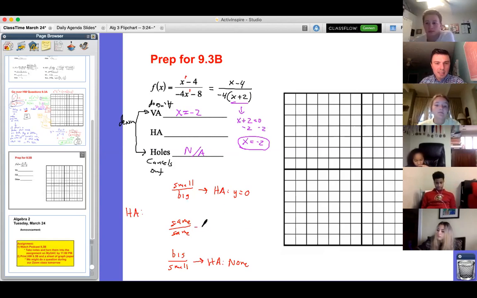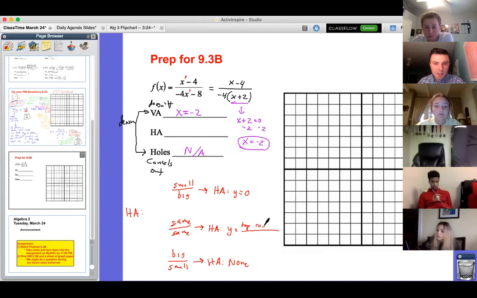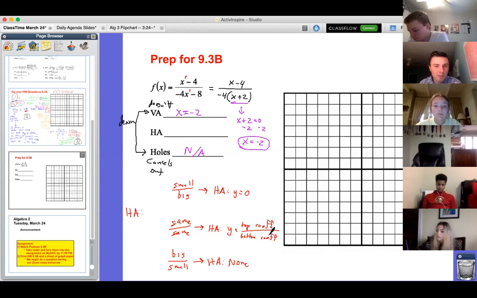And then what about when it's something over itself, the same degree? Divide the coefficients. Yes. So horizontal asymptote, y equals top coefficient over bottom coefficient.